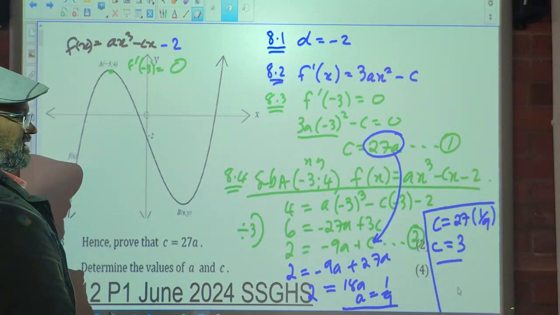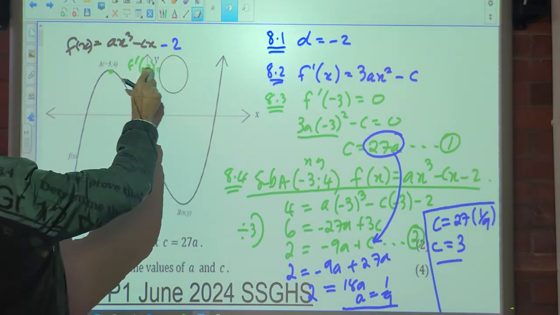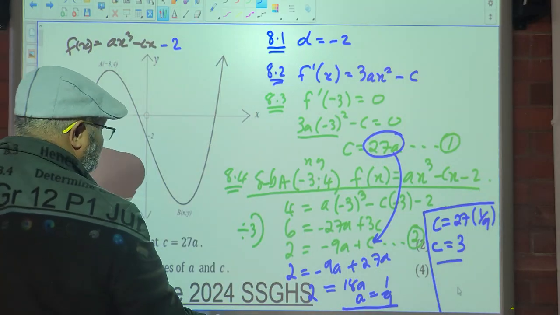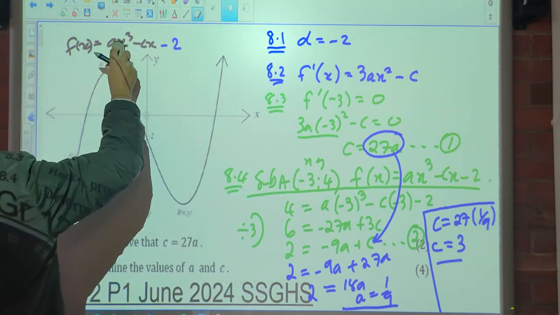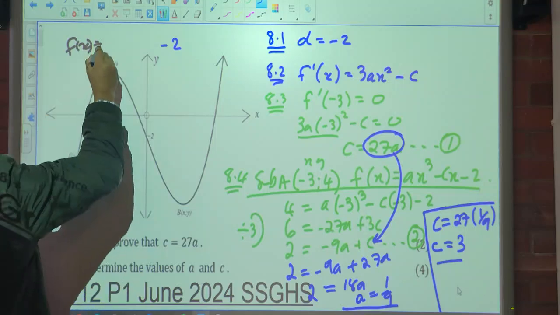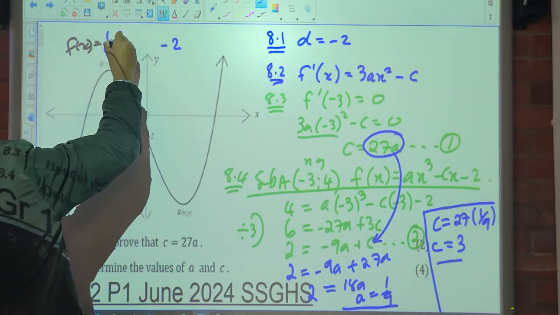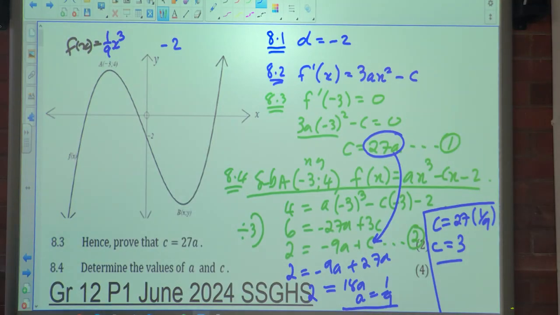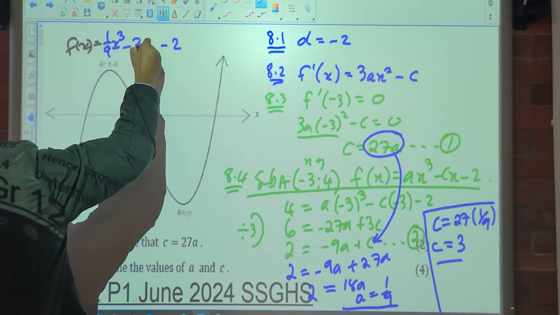Sorry? Oh, now you're changing your words, mincing your words. No, you don't want to be. Sorry? What did you say? Sorry? What if you just solve for c and then solve for a?